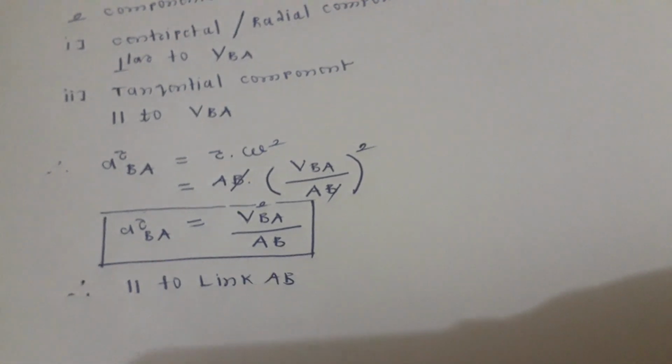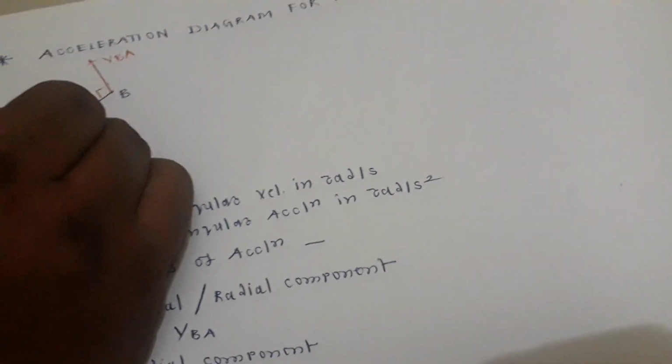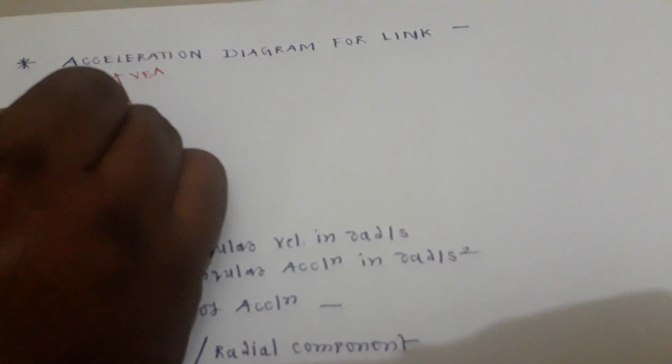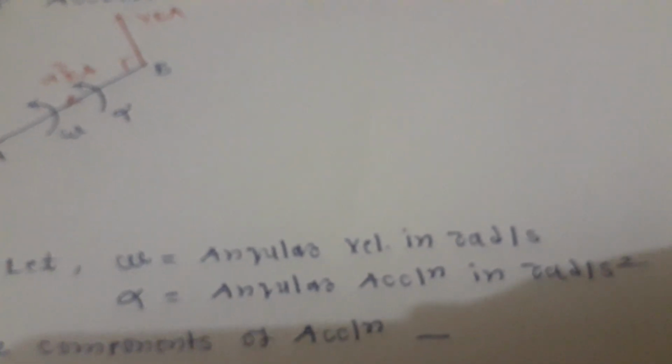In either way we can take it. If I have to represent it here, it will be toward the center. This is the radial component of acceleration of B with respect to A. Either we can take it parallel to the link, or perpendicular to the linear velocity. Both will be the same.